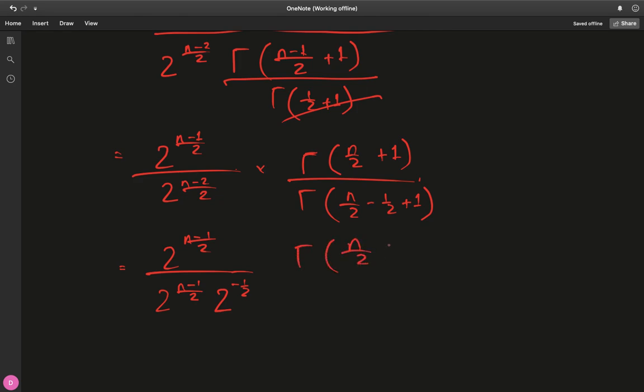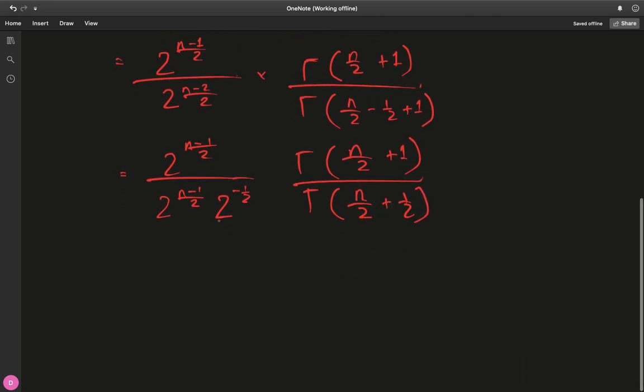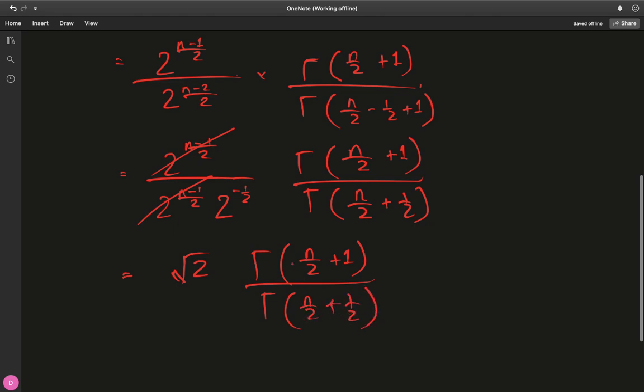So gamma of n over 2 plus 1 divided by the gamma of, 1 minus half is half, so n over 2 plus 1 half. And notice that these terms are cancelling out nicely because these can't ever be 0, so we are safe there. This 2 to the negative half power can be taken up, and 2 to the half is square root of 2, times the gamma of n over 2 plus 1 divided by the gamma of n over 2 plus half, and this is nothing but our a sub n plus 1 term.